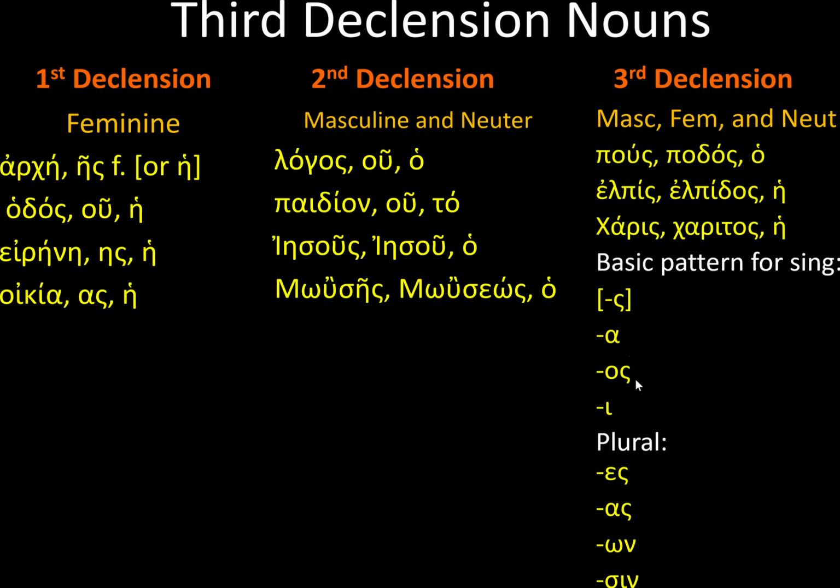If you cannot see the cursor, my mouse, it is pointing to the endings in the third column below the words basic pattern for the singular and then the plural. Sa, which is sigma plus alpha, sa, os, si, es, as, on, sen. If we learn this pattern, then we can easily learn the endings for the third declension nouns.